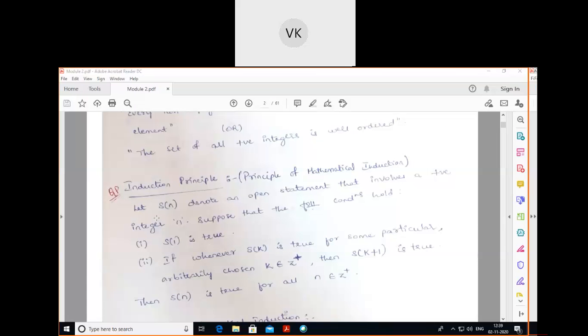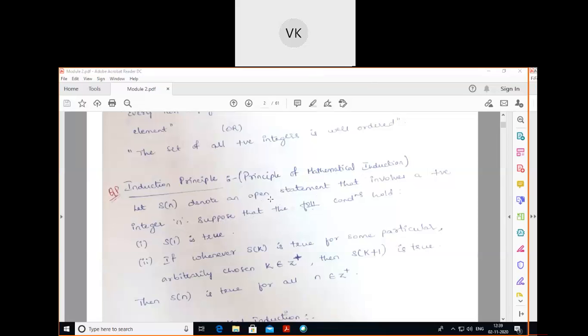In that, first we are going to assume the given statement as S of n, an open statement that involves positive integer n. Suppose that the following conditions hold.